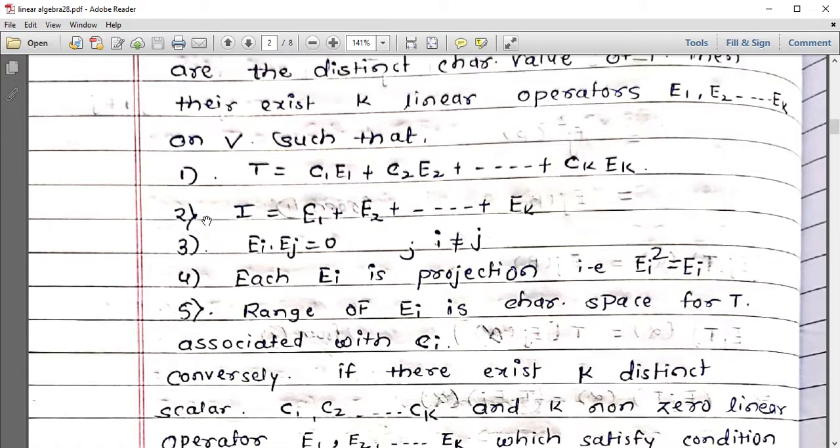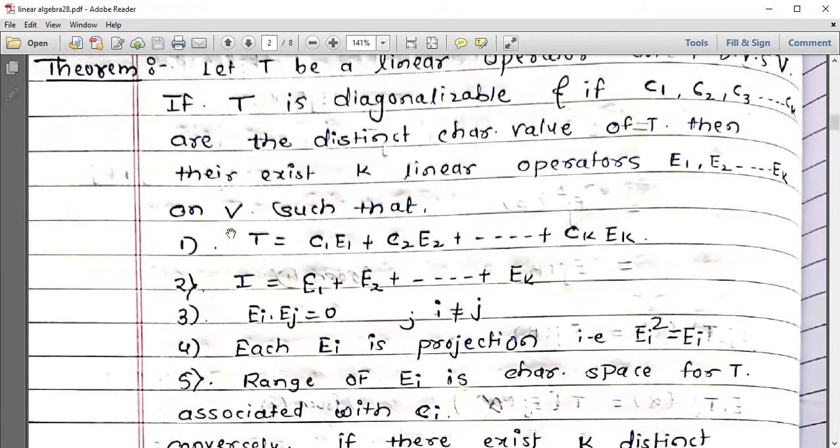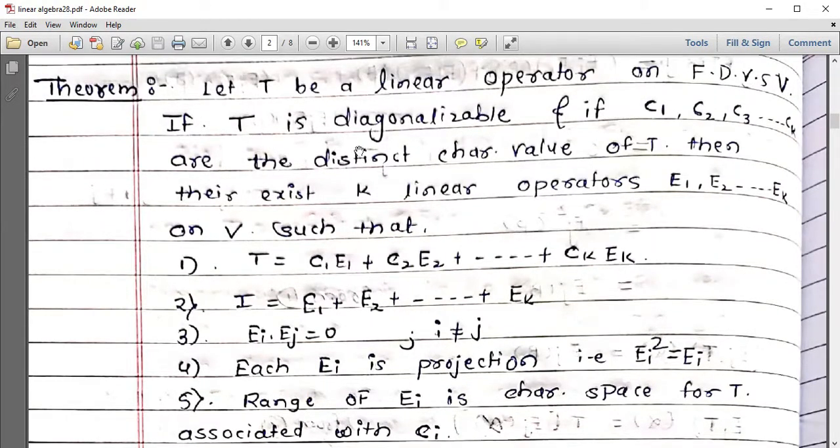This condition is new. We saw these four conditions in the previous theorem. First, we assume that T is diagonalizable and these are the distinct characteristic values. Then there exist k linear operators, and we have to prove the existence of these k operators such that these five conditions hold.